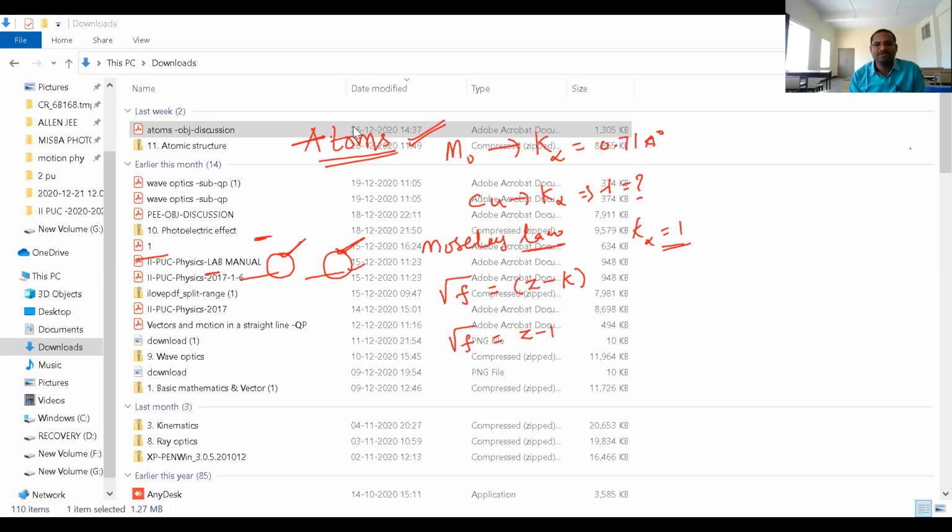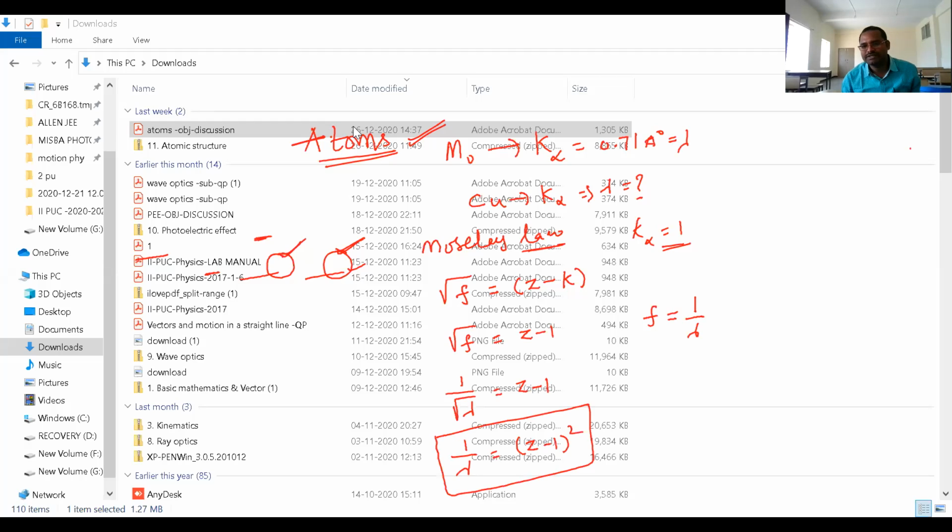But they have given wavelength values. We know frequency is inversely proportional to wavelength. That means root f can be written as 1 by root lambda is equal to Z minus 1, correct? Then 1 by lambda, sending the root to that side, will become (Z minus 1) whole square. Yes, this is the relation you need to use.